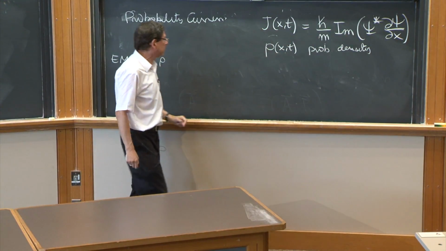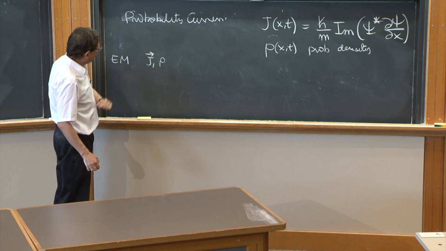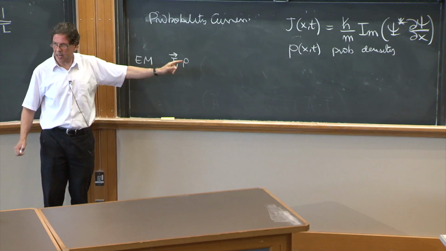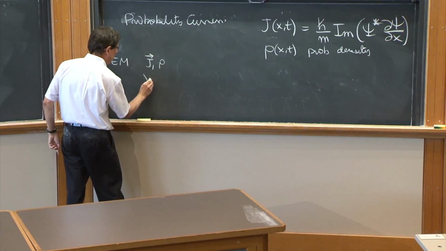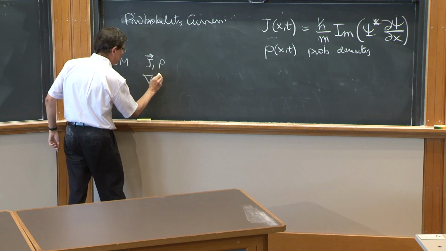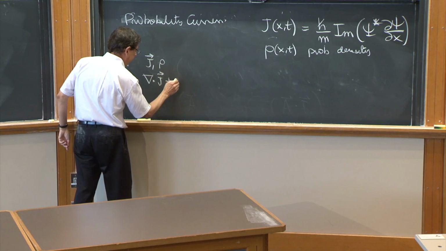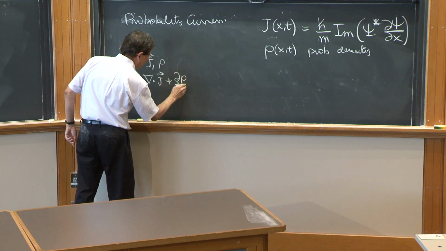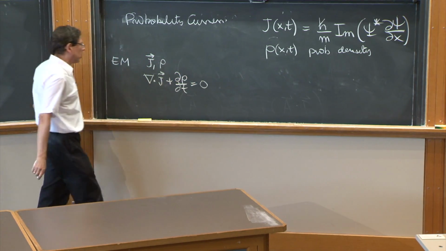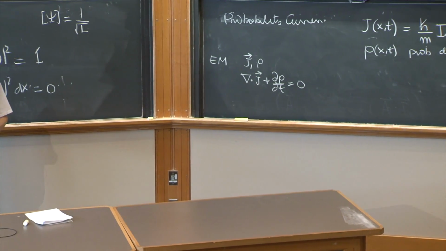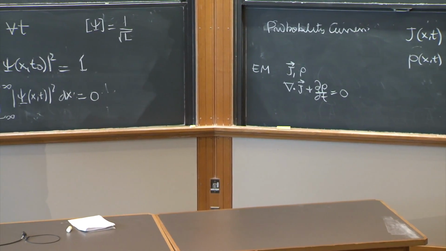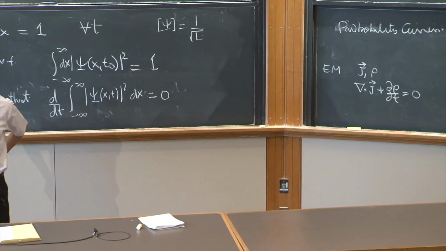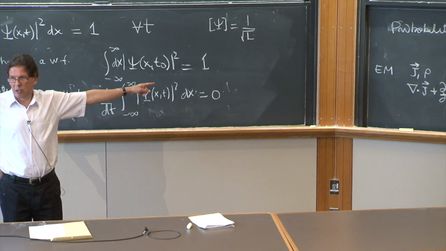But the most famous thing associated to electromagnetism currents and charge densities is the so-called conservation law. This differential equation satisfied by the current and the density: divergence of j plus d rho dt is equal to 0. That means charge conservation.